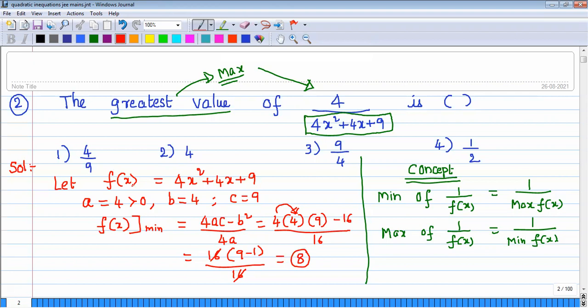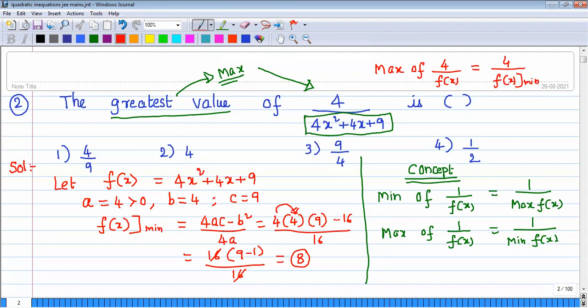This is the minimum value of f of x. But here we are asked the greatest value of this function. So actually here what we need to find out? Maximum value of 4 upon f of x, so that is equal to 4 upon f of x minimum value.